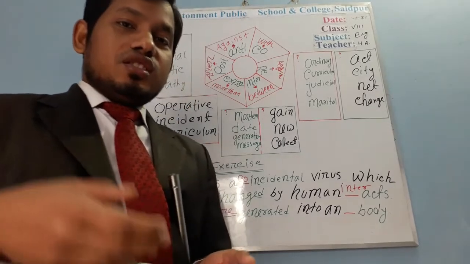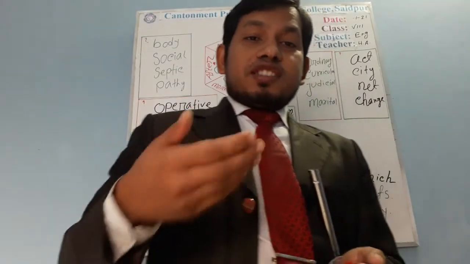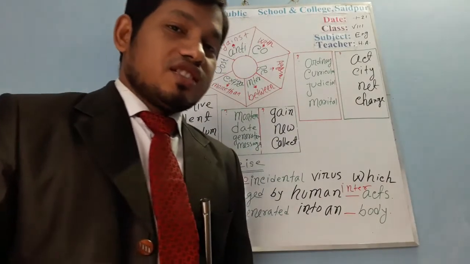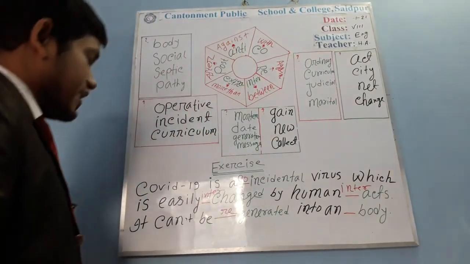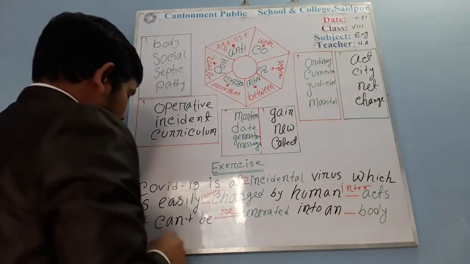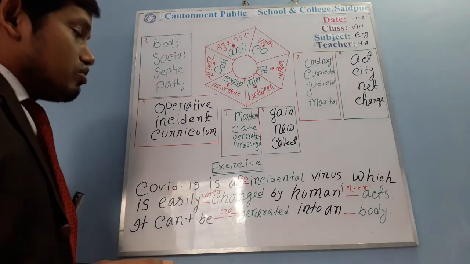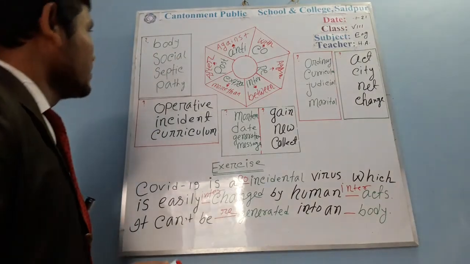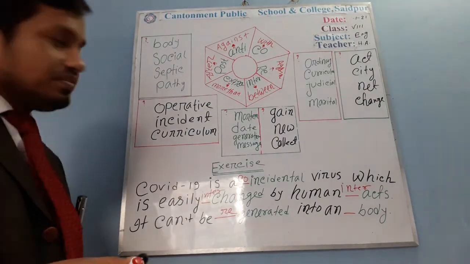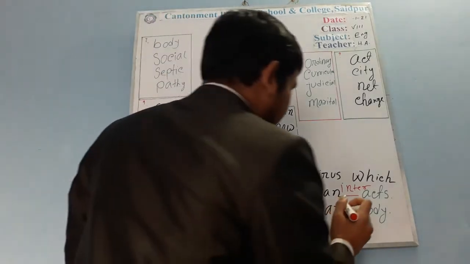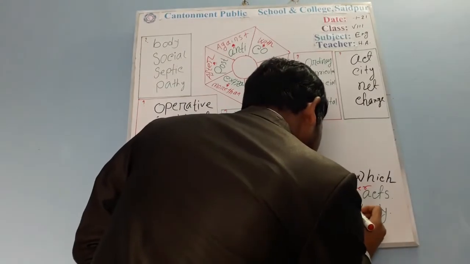Regenerated means to create something new, to create something again that existed before. So again, it can be regenerated into a body. Here the first word is body. So which one can be? Obviously, it's very easy: antibody.